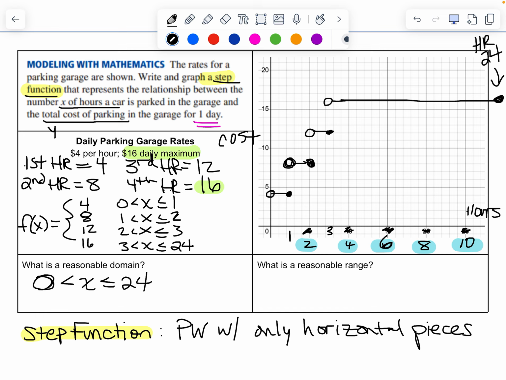The range is a little bit weirder. We can only have specific amounts, right? So I would just want to consider what the y values are here: 4 and 8 and 12 and 16. This is only going to show itself like this. It's not a compound inequality. It's just that we have certain numbers.